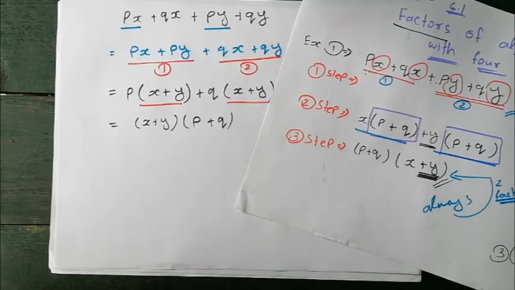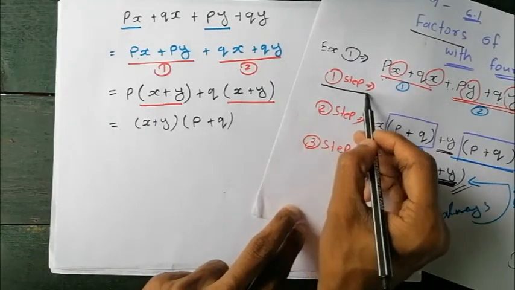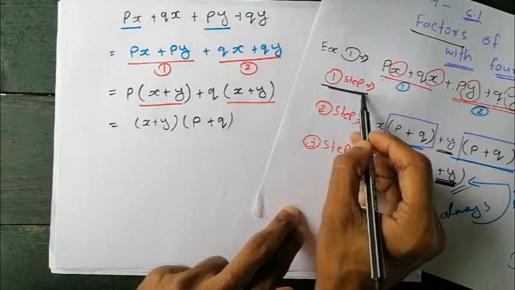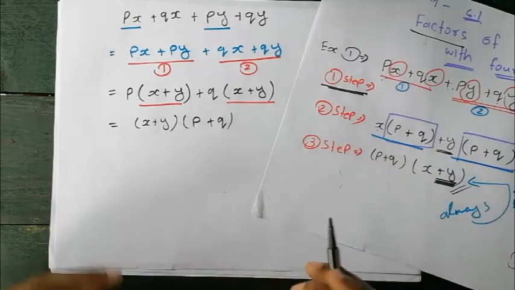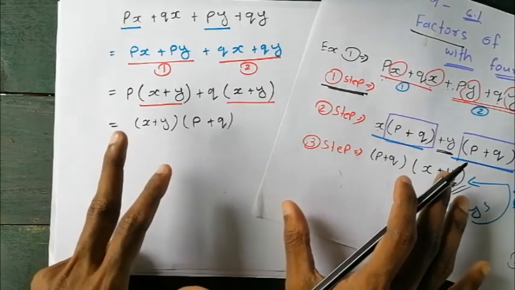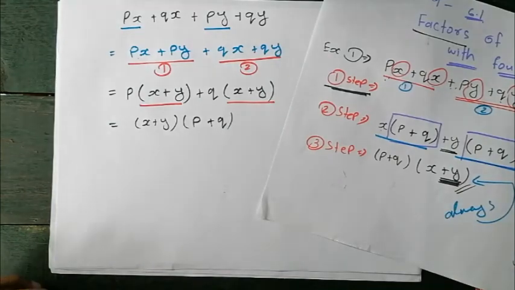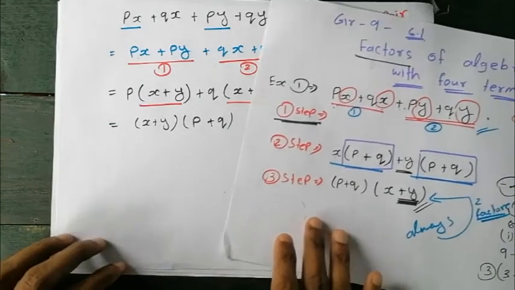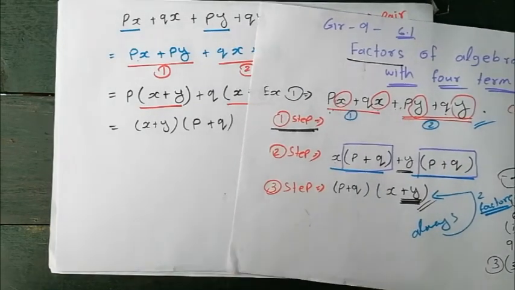So what is the difference between the two methods? In the first method, while we are doing the pairing, we can make it in these two. So that is the difference in finding factors of an algebraic expression with 4 terms. I think you got the point.